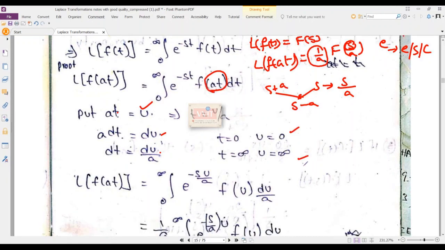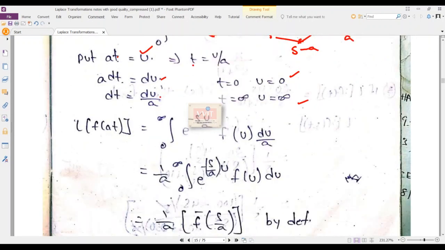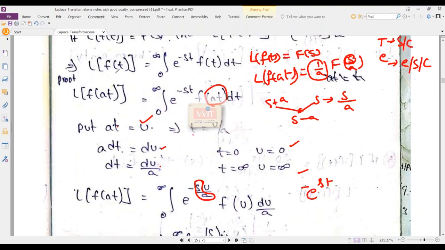If I plug this in, the integral 0 to infinity e power minus su by a, here u is the variable. Earlier in e power minus st, t was the variable. Now in place of s there is s by a, so this is f of u. As per the standard formula, L of f of t, which is f of s, equals integral 0 to infinity e power minus st times f of t dt.